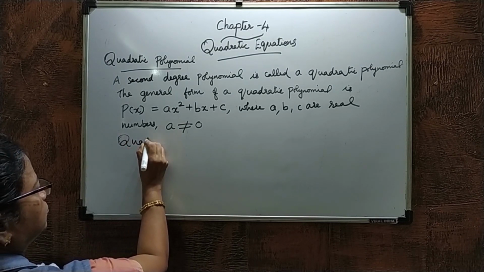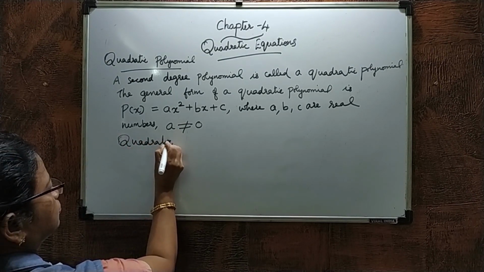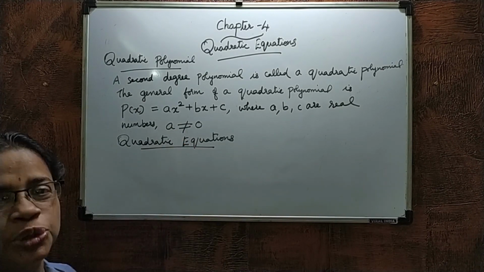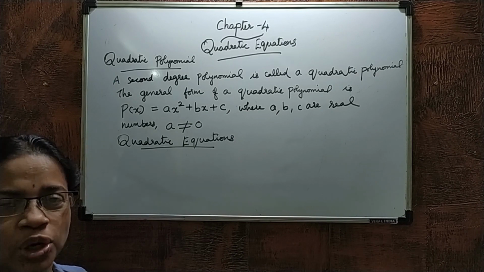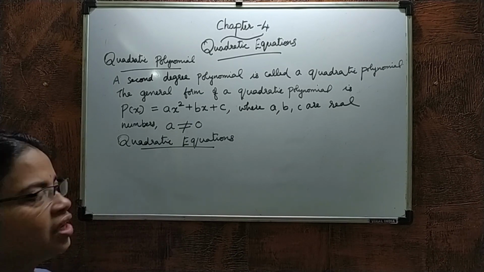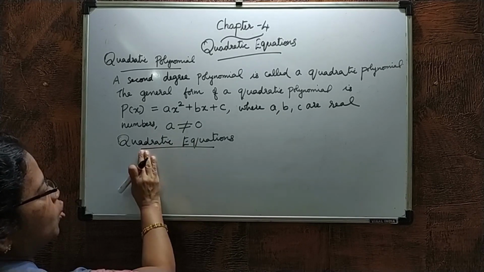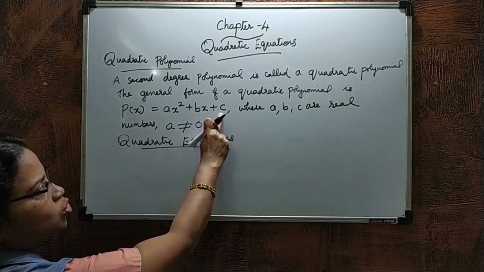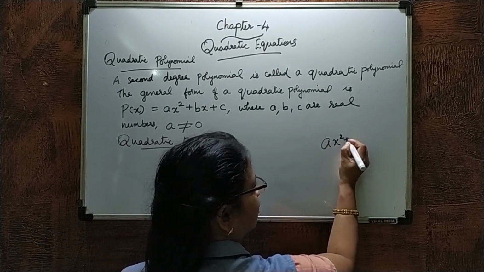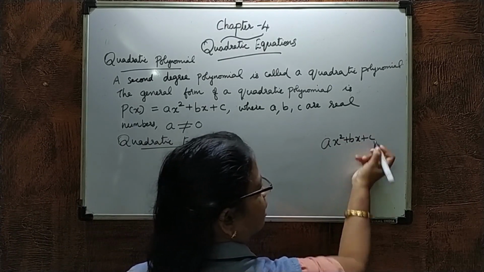Quadratic equations. Equations means what? Equations should have one equal sign. Clear? So a quadratic equation is quadratic. We are thinking about ax square plus bx plus c.